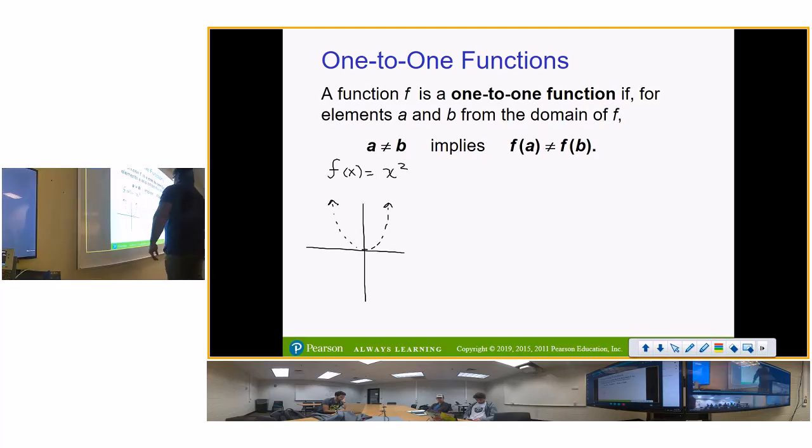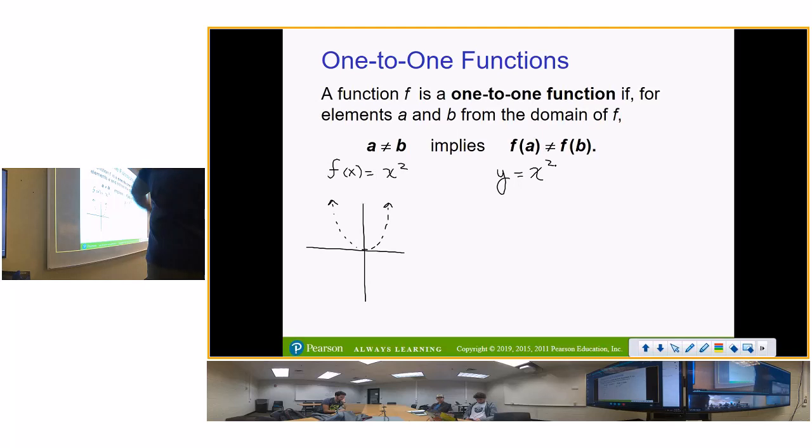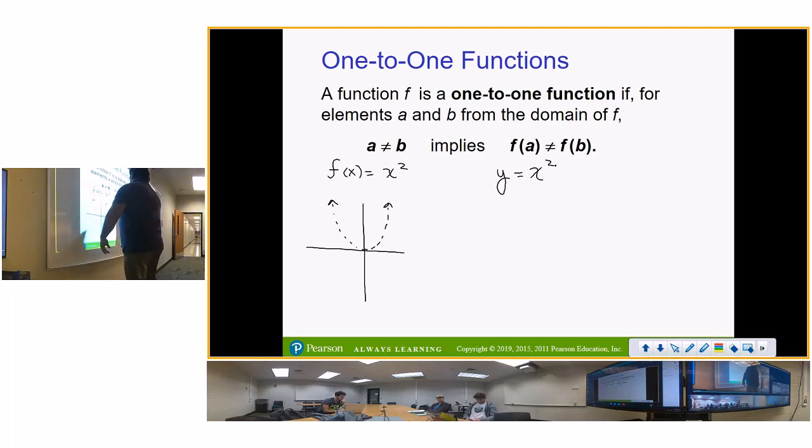And the inverse function is, first of all, you say y equals x squared. Go back to y equals x squared. So you do this first. Second, you interchange the x and the y. So this is going to be x equals y squared.